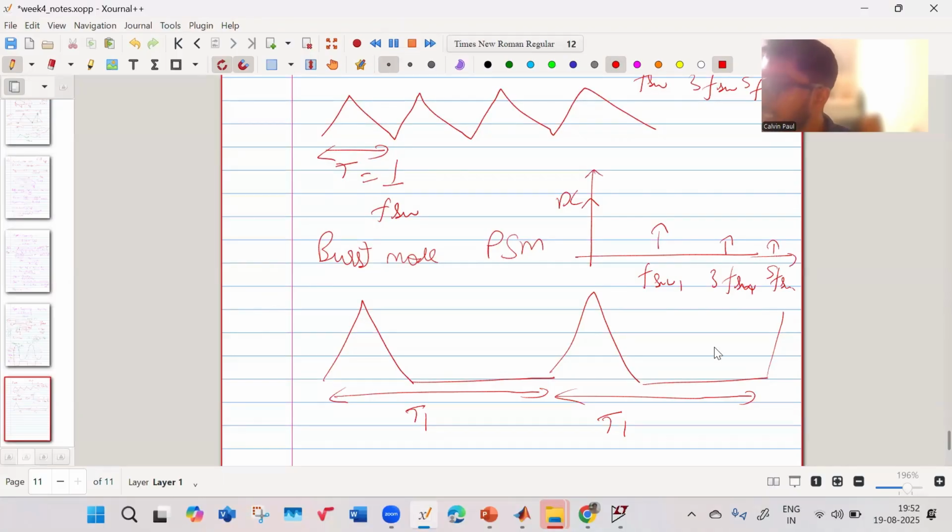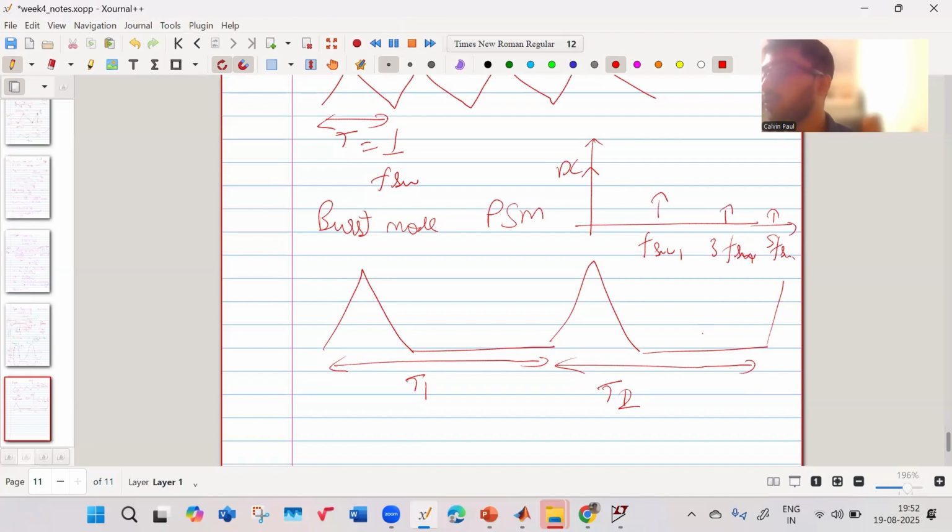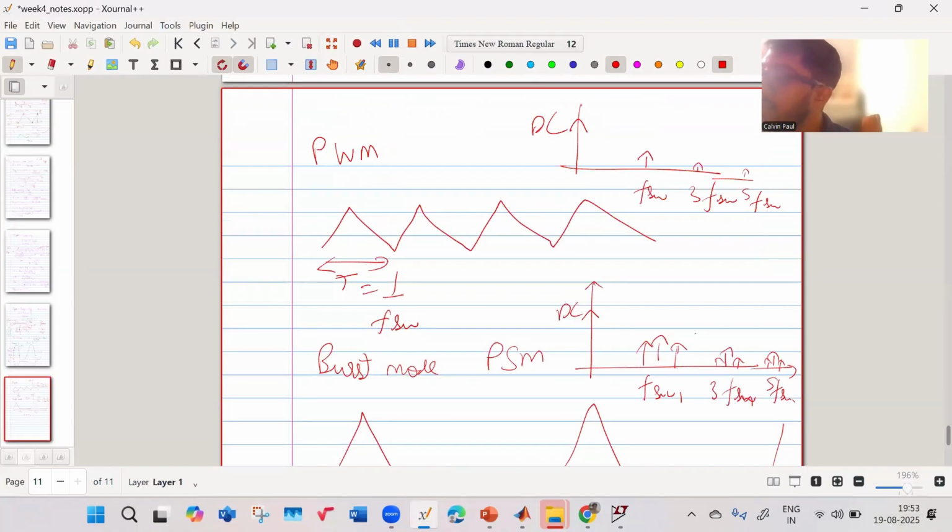But in most cases, T1 will not be equal to T2. Then you may have one spectrum here and another spectrum there. It would not be uniform. I would have to check by looking at the spectrum. But in the case of PWM, you have a fixed thing and it keeps on reducing.